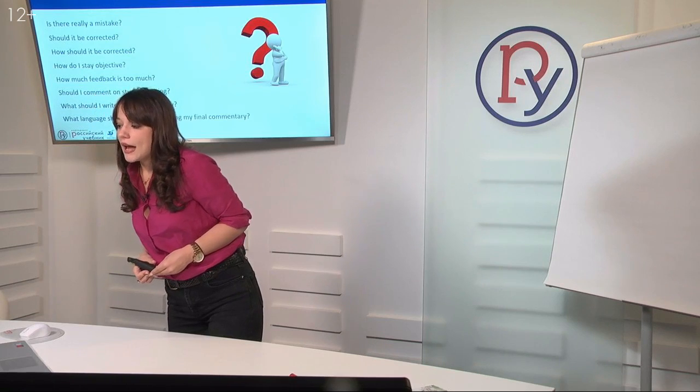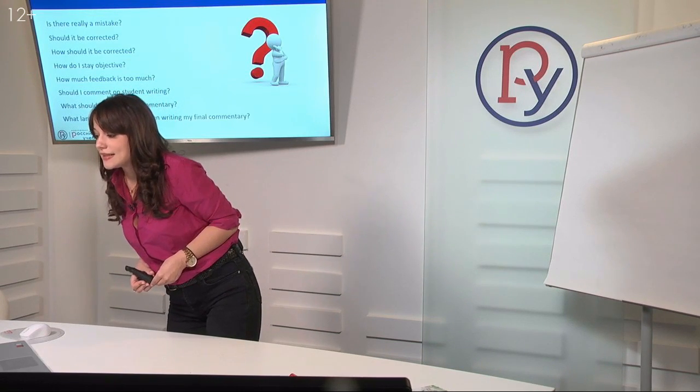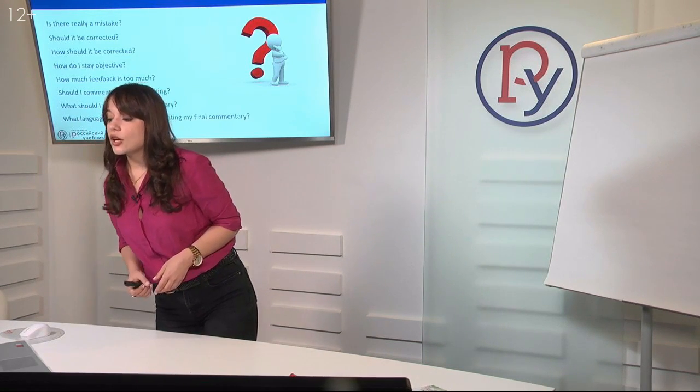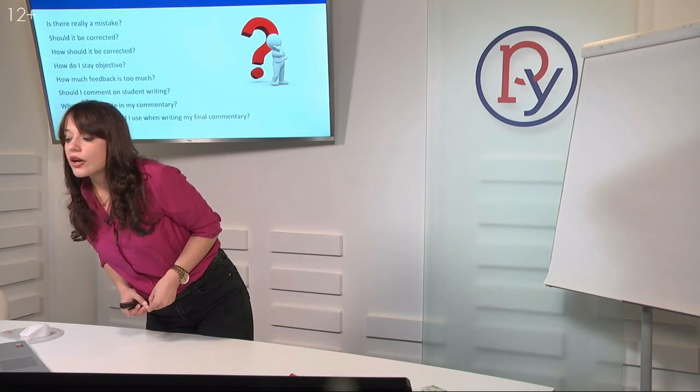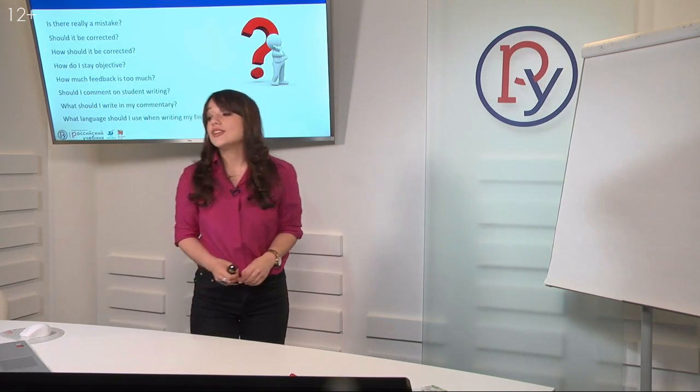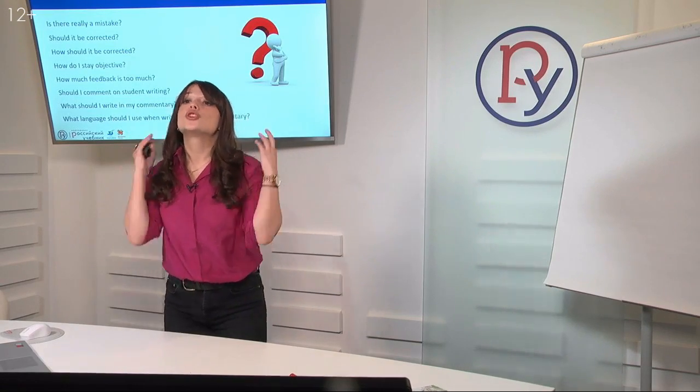Okay, we should again focus on main mistakes. Exactly. We should firstly correct very common mistakes. That's what Alexandra says, and I do agree. We should focus on certain types of mistakes, right?